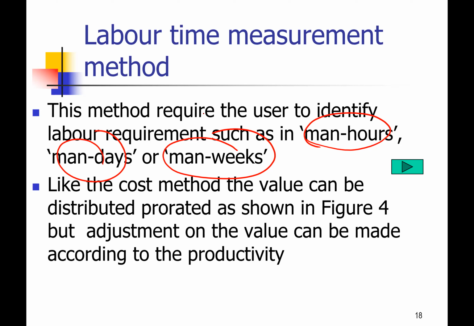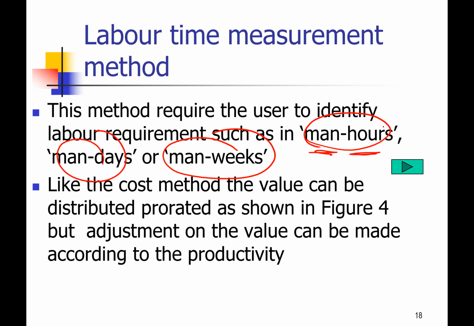Man hours meaning one man, one laborer, 1 hour of work. If, for instance, one particular person works for 10 hours, that means 10 man hours. If there are 10 guys, 10 times 10 will be 100 man hours. Then man days in relation to daily works, man week in relation to weekly.